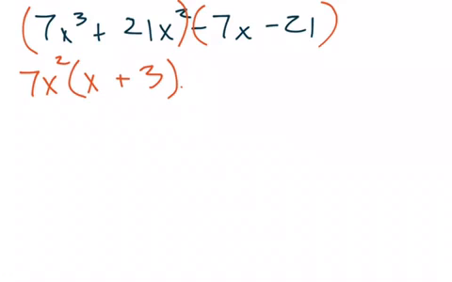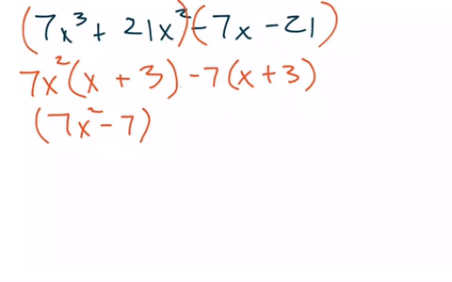All right, so then once we factor out our GCF there, we're going to factor out our GCF on the other one, which is going to be negative 7. Remember, what do we want anytime we factor by grouping? We want the same exact term inside parentheses. So now we're going to have (7x squared minus 7) times (x plus 3).